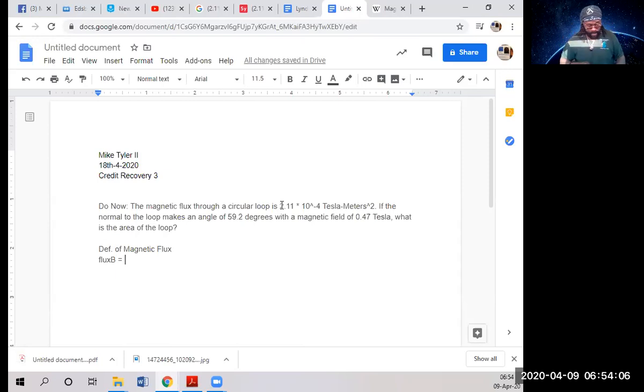I got the solution written out here, but I probably need to type that all up, or I really just want to do that digitally. But the B field or B vector, you should call it vector B, because that's what it is.